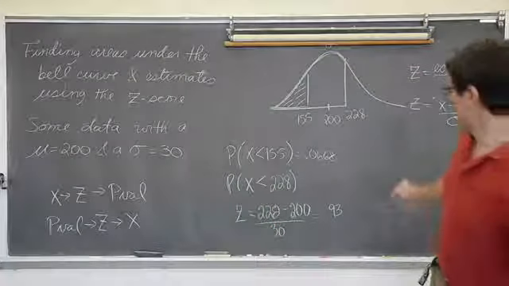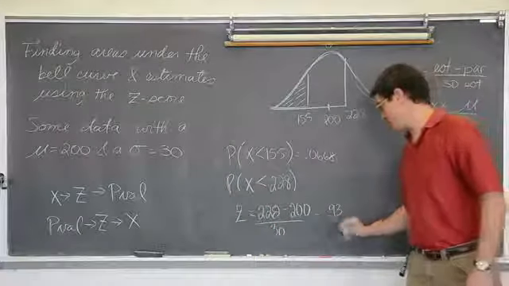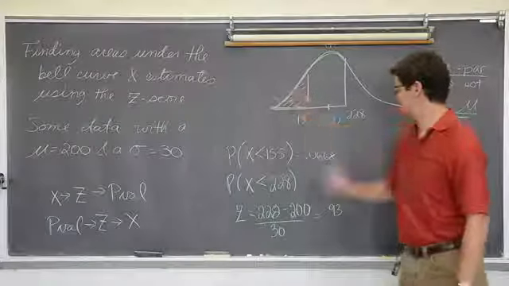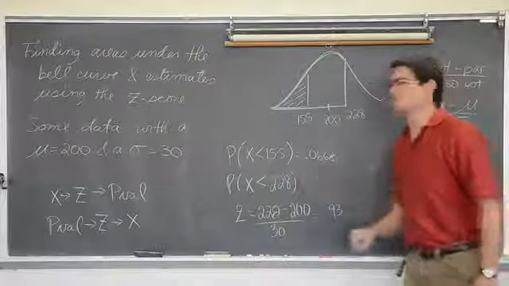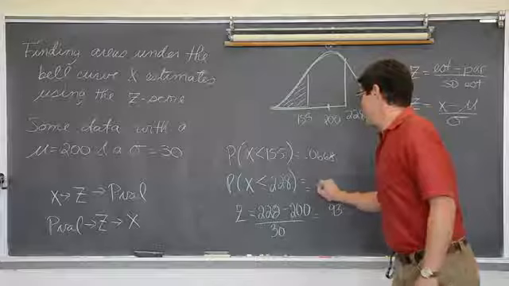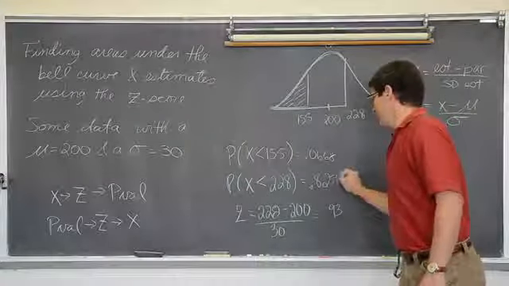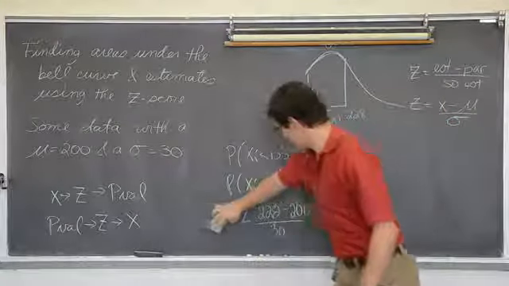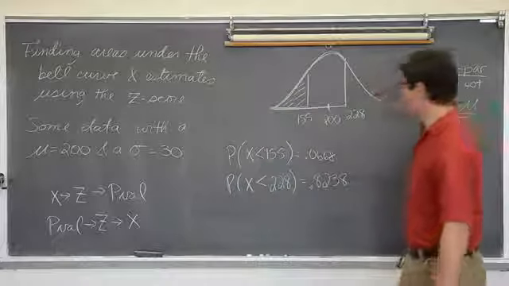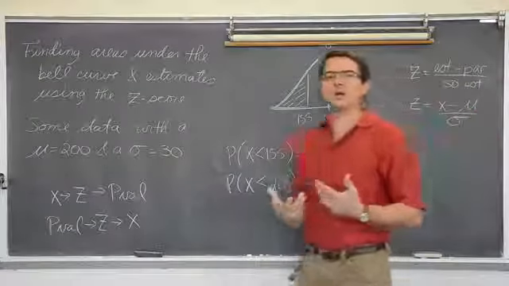The area to the left of this z-score of 0.93, the area to the left of 228, is equal to 0.8238.